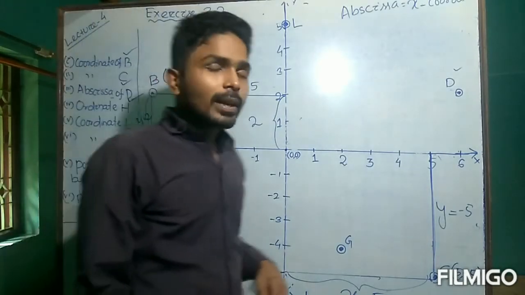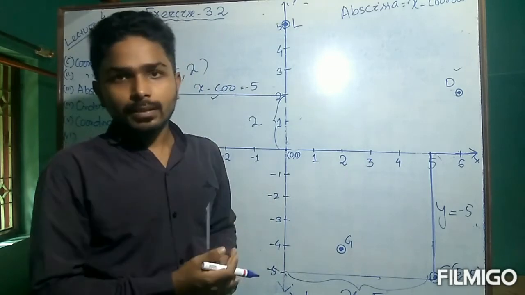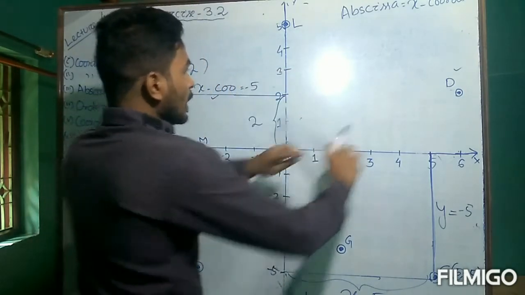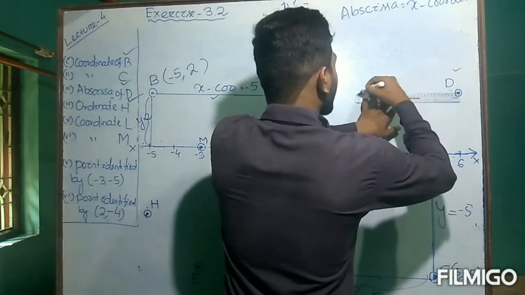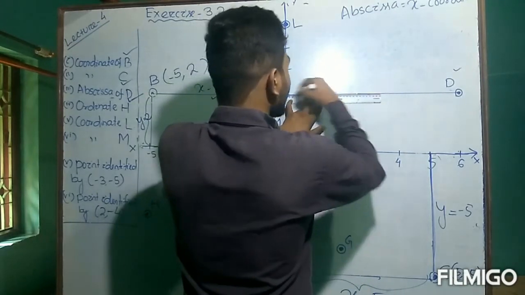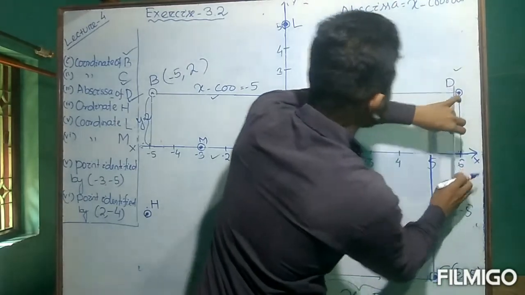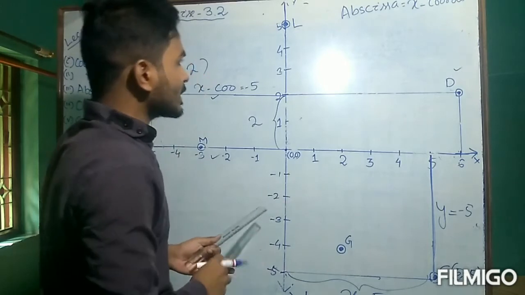X coordinate means the perpendicular distance from the y axis to that point. So let us draw the perpendicular distance. This is our perpendicular distance to the y axis, and this is to the x axis. But since we are going to find the x coordinate, that means the perpendicular distance from the y axis.